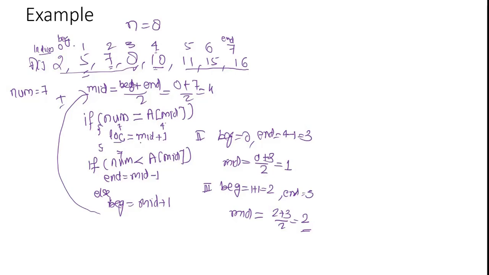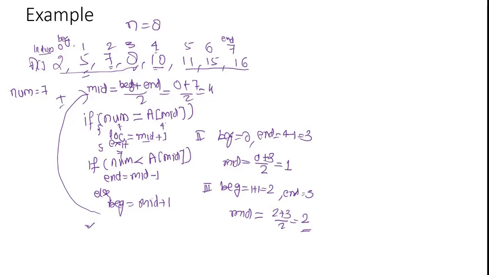So location will be 1 more than the index, so mid plus 1. And after that, if the number is found, then we can exit the procedure. So here we can write an exit statement, or we can write go to and give a line number after here, and jump to any end line. So like this the procedure will work.